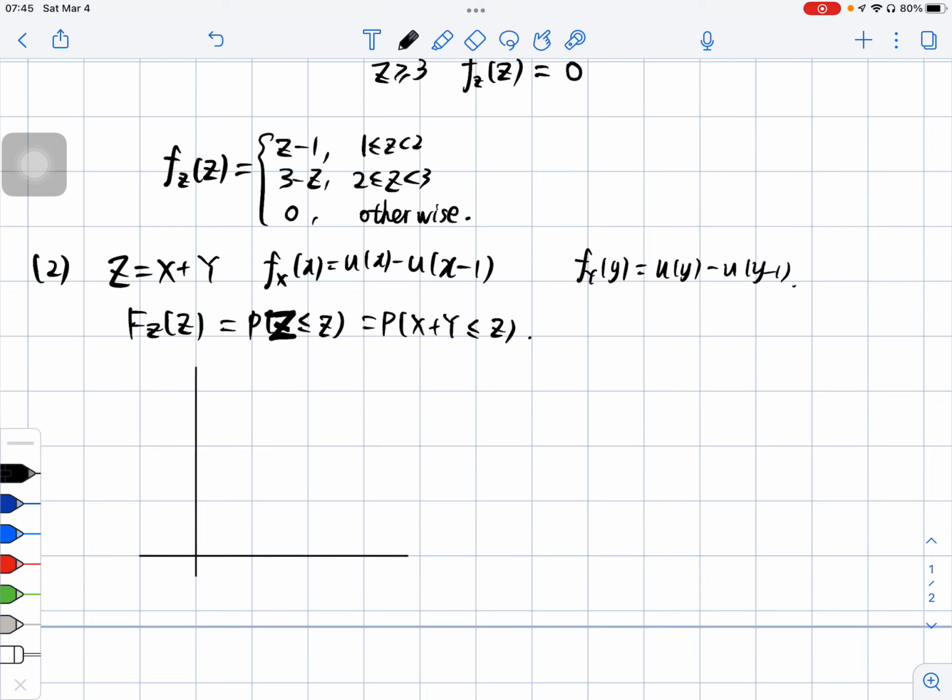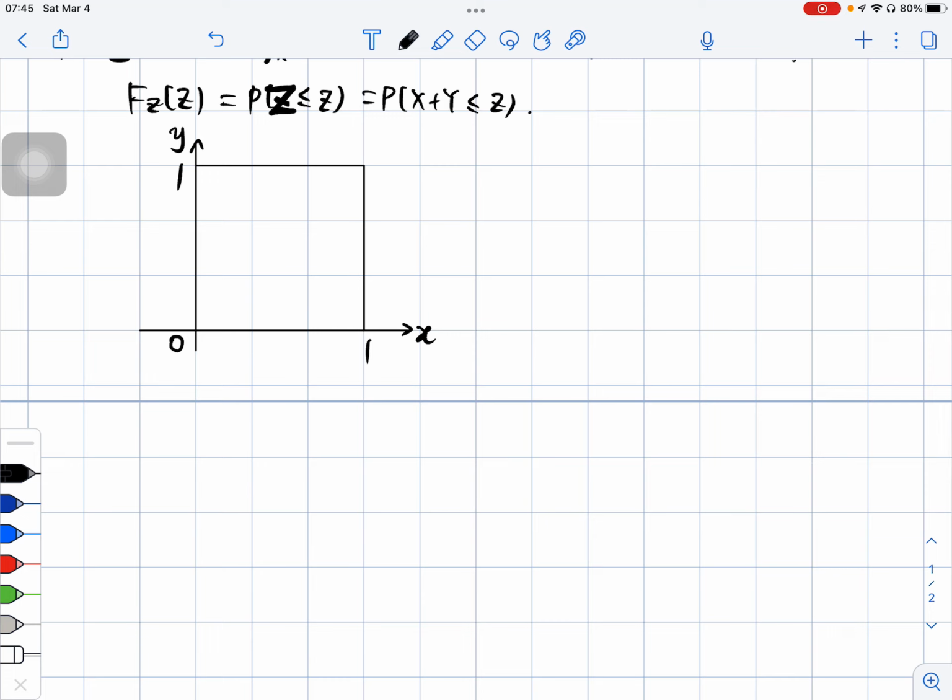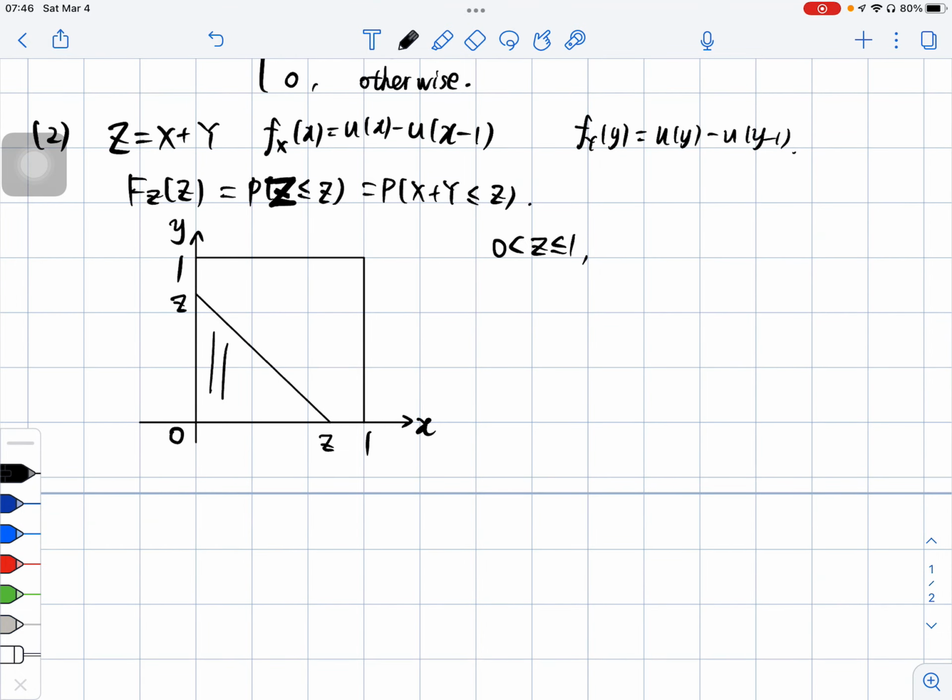We draw it. This is x, this is y. First, when z is from 0 to 1, this part is what we want to know.